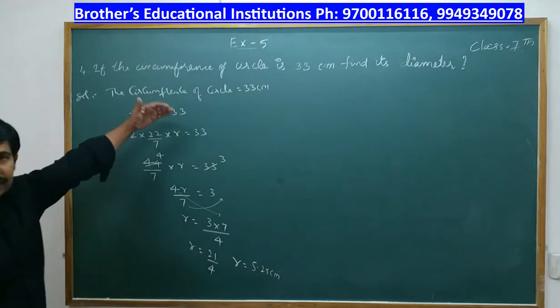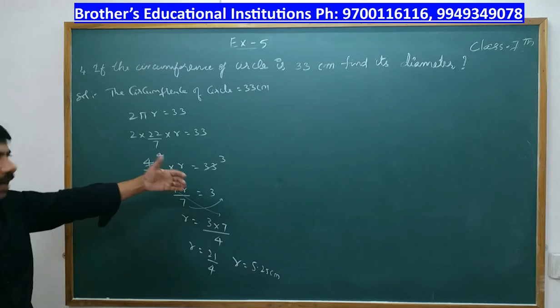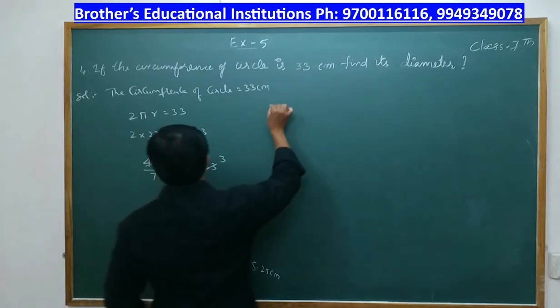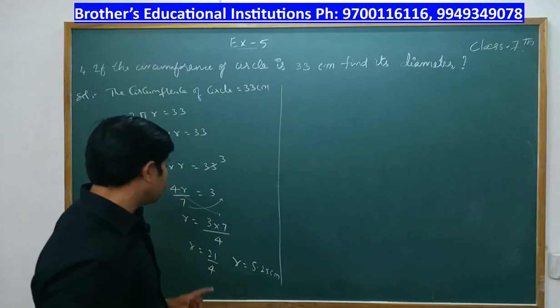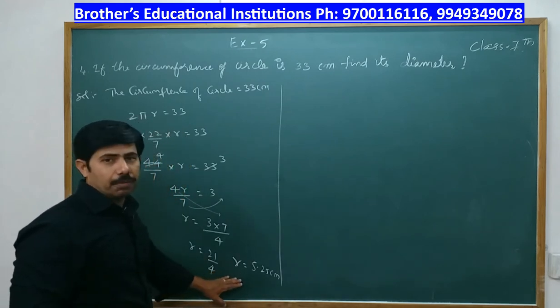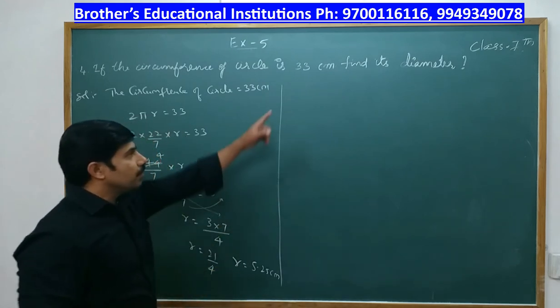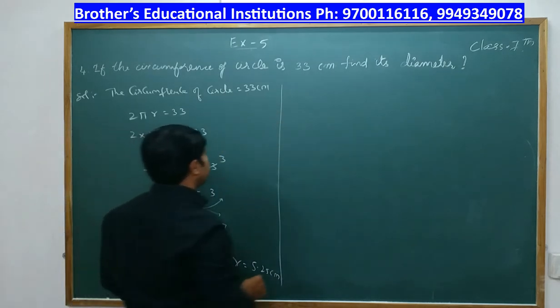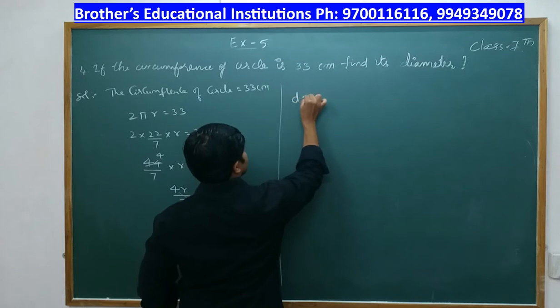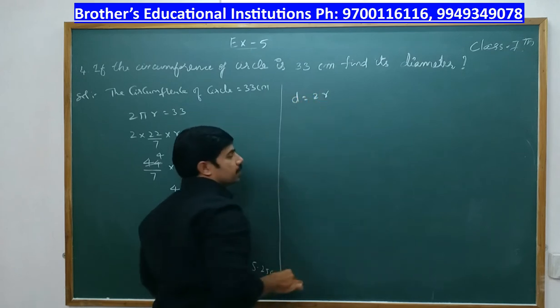Okay, so this is completed, but I'll tell the second method. Sorry, once again: r is equal to 5.25 centimeters. It's not completed. We need to find the diameter. Okay, so now what is diameter? Diameter is nothing but 2 times radius.